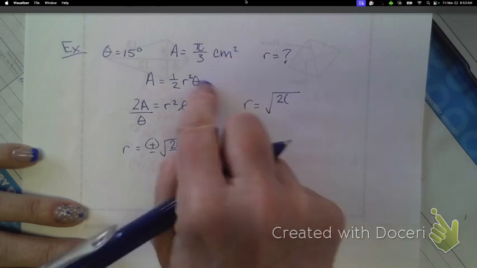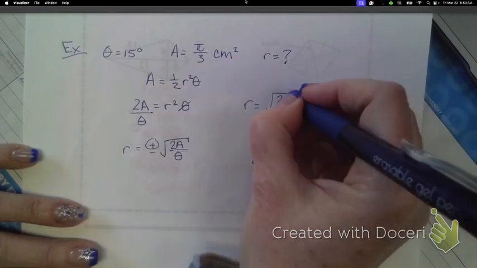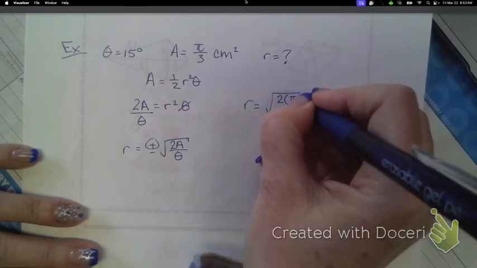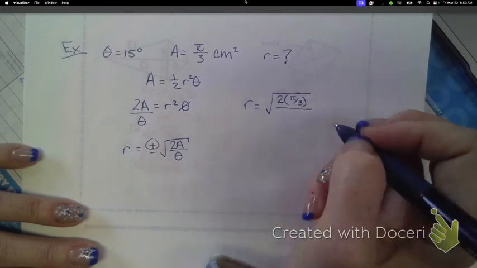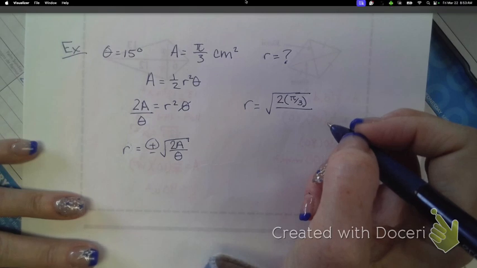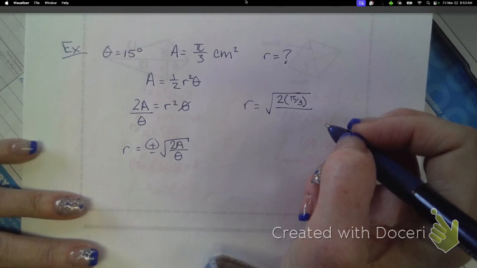It's pi over 3. It looks weird, but it's there, right? And what's theta? Can I put 15 degrees in here?